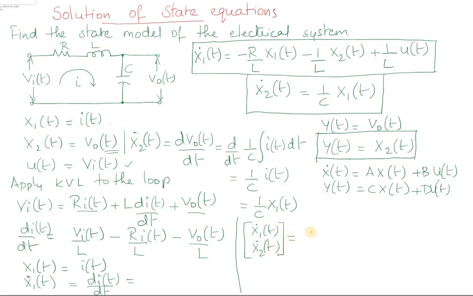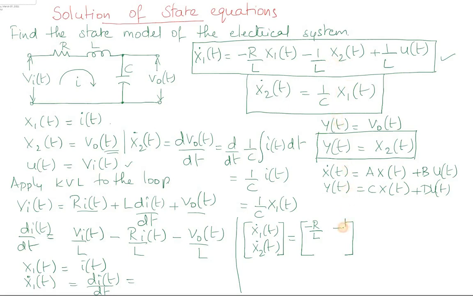This is equal to, now here we need to write the matrix A. Since we have two state variables, it will become a 2 by 2 matrix. Now if you see the first equation, that is x1 dot of t, in this equation we have the term for x1 of t as minus r by l. So write minus r by l here. For x2 of t we have minus 1 by l.